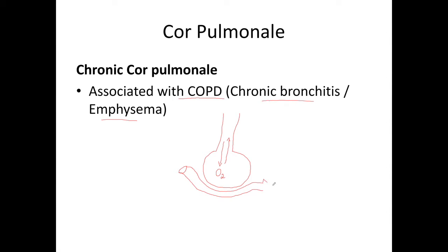Now, if we have an obstructive pulmonary disease, and we're just going to show that as some type of obstruction which is limiting airflow to the alveolus, and I'm showing that as this little lesion right here, what ends up occurring is that oxygen levels go down inside of the alveolus. Now, the general compensation for that in this case would be vasoconstriction of these blood vessels.